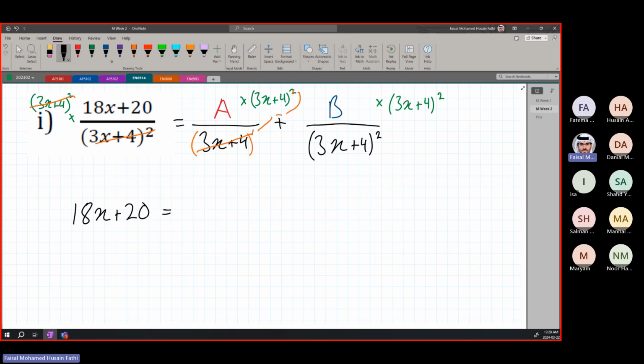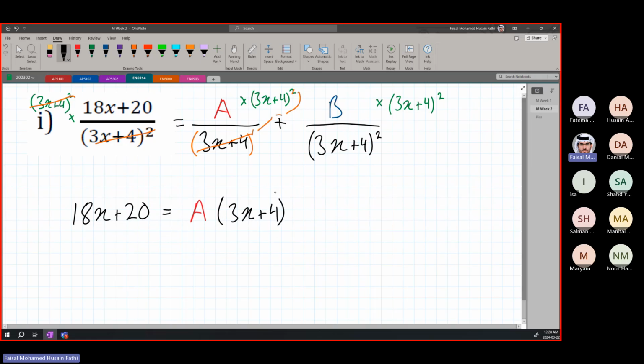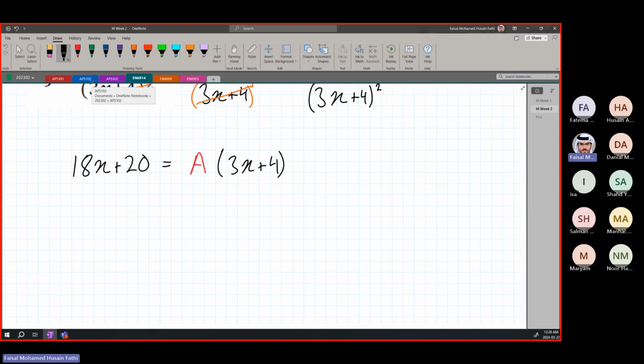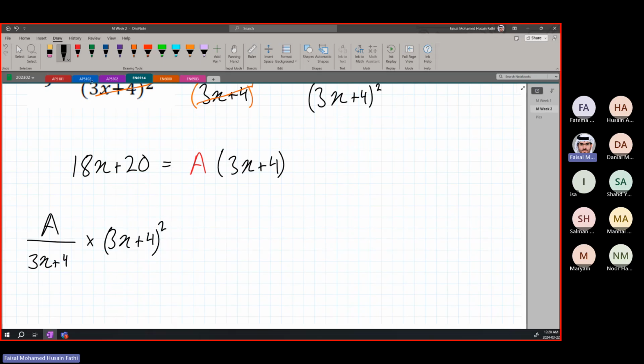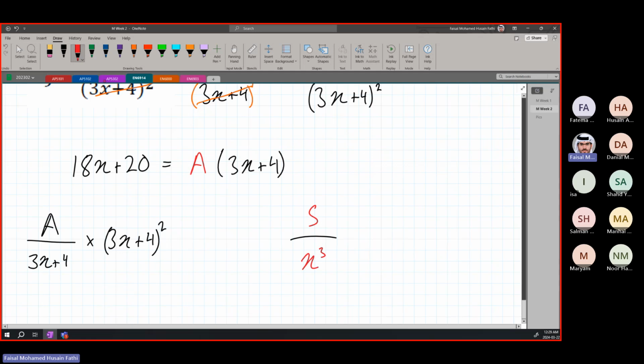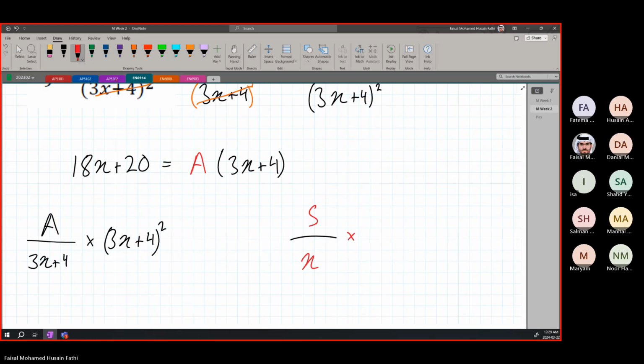So this is going to be equal to a times 3x plus 4. Again, just so you understand this concept, what happened here is we had a divided by 3x plus 4, times 3x plus 4 squared. If we write this, for example, with any other variable, let's say we have s over x, times x squared, this is the exact same idea we are doing here.